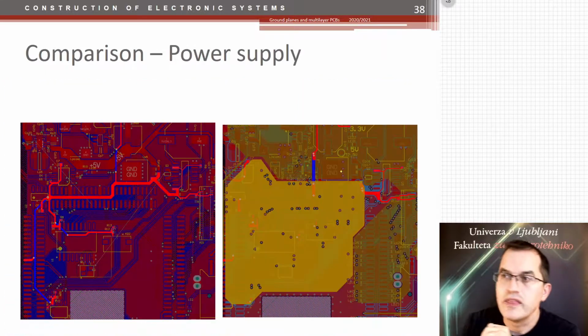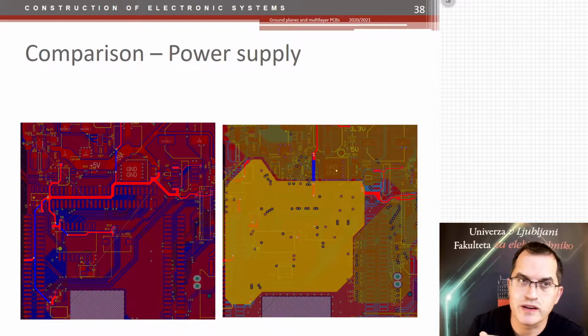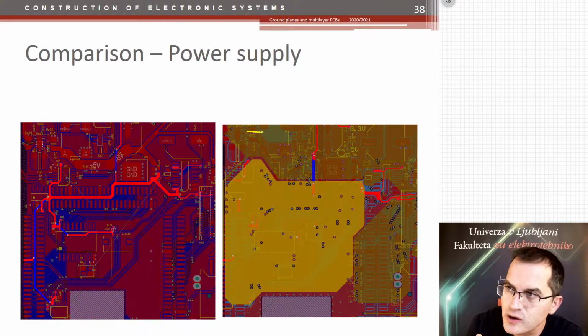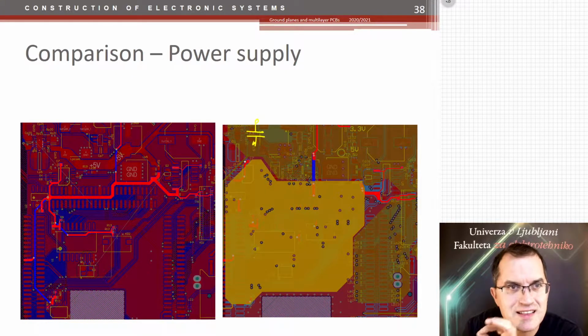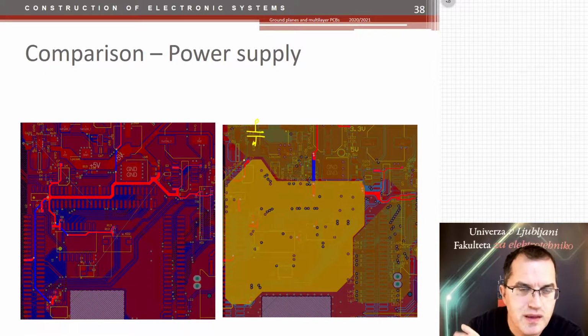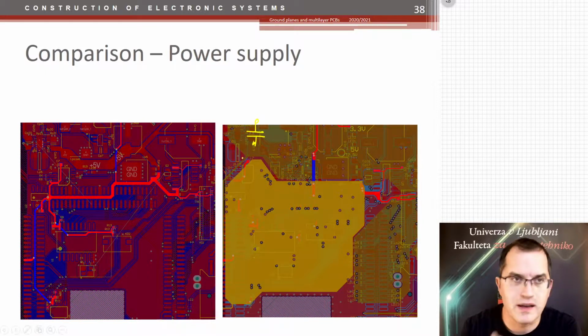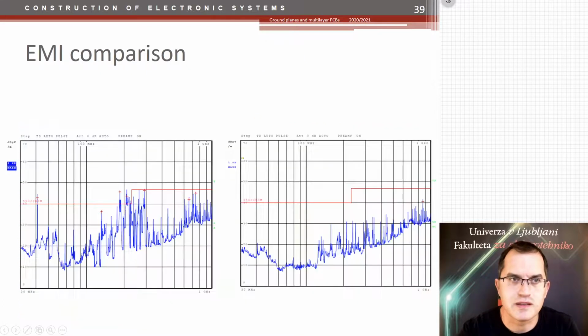The power supply is also very advantageous if you have 4 layers at least, because this is a 2-layer power distribution network. And here on the 4 layers, you can have the whole plane or part of the plane devoted to power supply, which makes a really good capacitor between the power and ground, which acts as the best high-frequency capacitor possible. And all that contributed to this result.